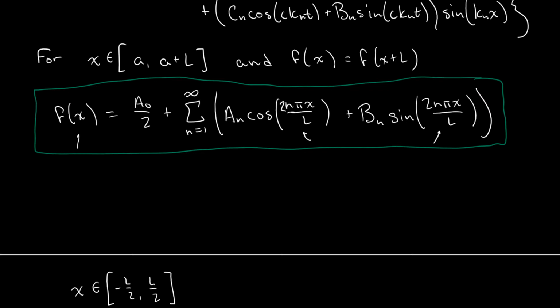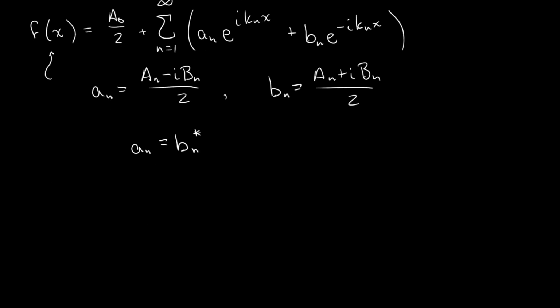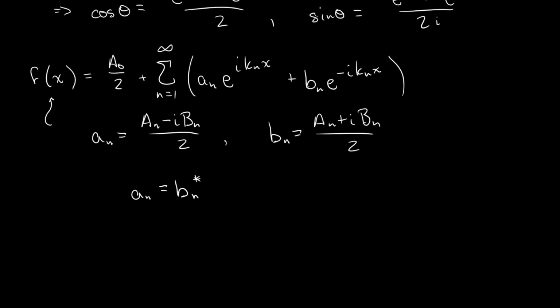These always spit out real functions, which means that your capital A's and B's here would have to be complex. So if that's the case, then this here is not true. You can see that if capital A and capital B are complex numbers, then little a is not the complex conjugate of little b.